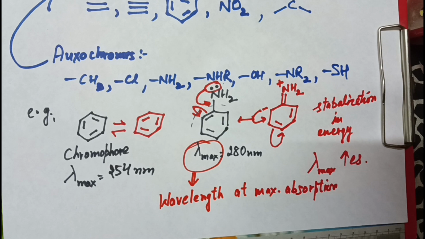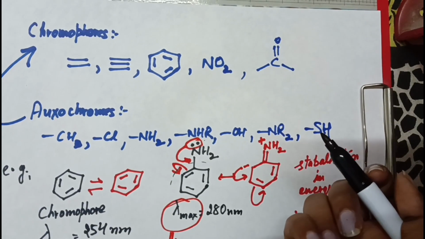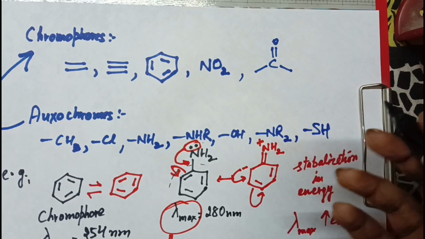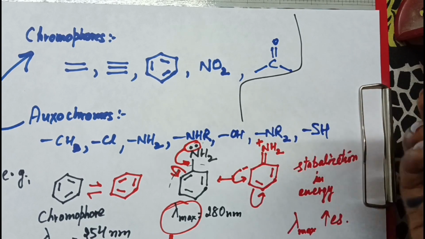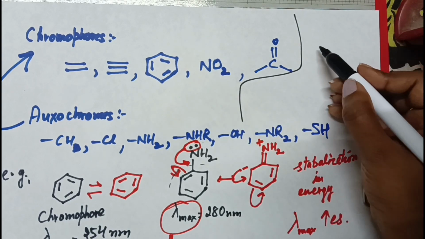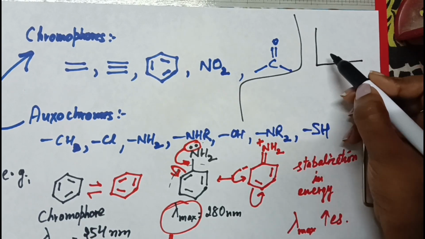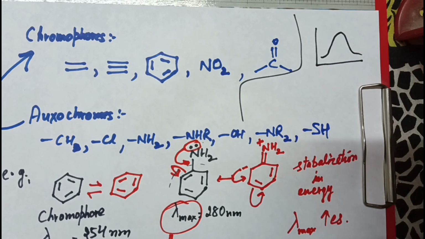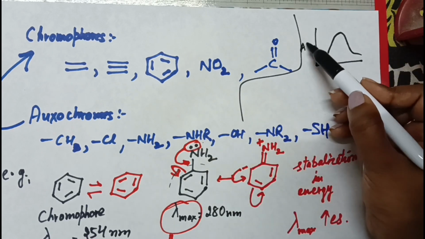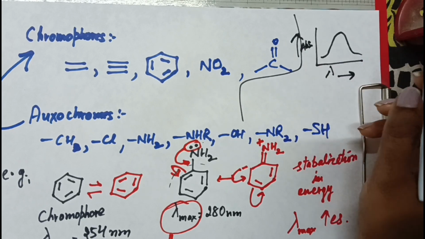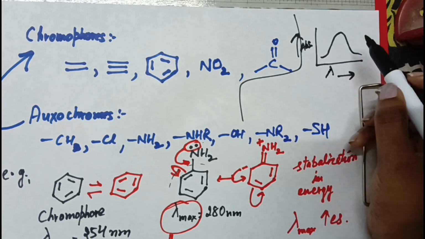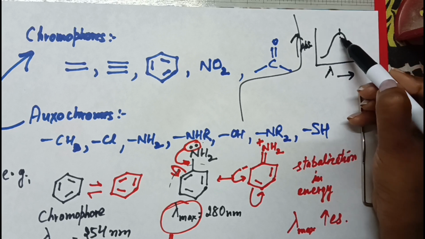Suppose I take a certain molecule and I take the UV spectra of it, and I get a spectra like this. This is the absorbance and this is the wavelength. So the lambda max for that particular molecule will be somewhere here.